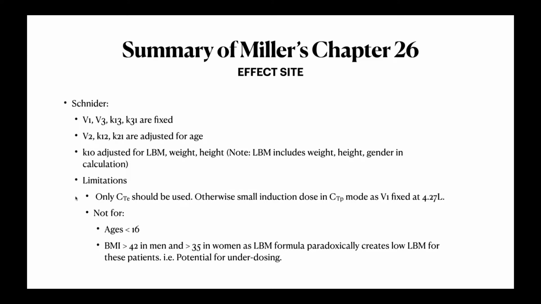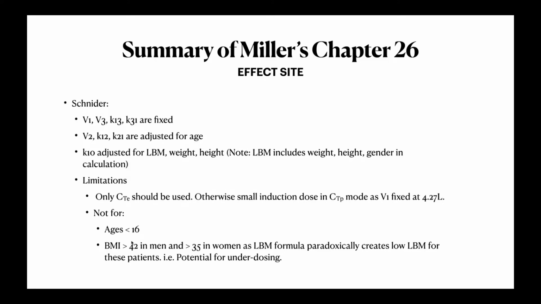The limitations here are that only target effect site concentration should be used. The reason for that is that if you use plasma targeting, Schneider model has a fixed V1 at 4.27 liters. So if you use the calculation dose equals your target plasma concentration multiplied by your volume of distribution, having such a small volume of distribution means that you risk having a small induction dose or underdosing.